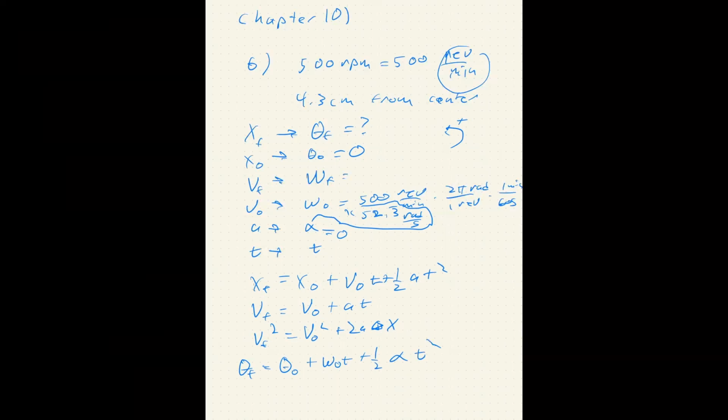I'm going to stop right there for a second. I want theta final. I have theta initial. I have omega naught. I have T. Do I have T? Yes, 3 minutes.